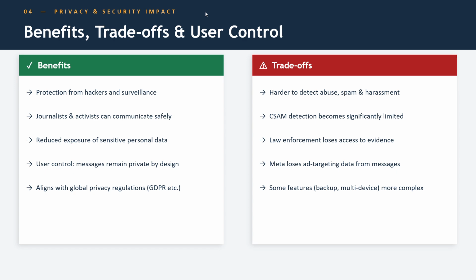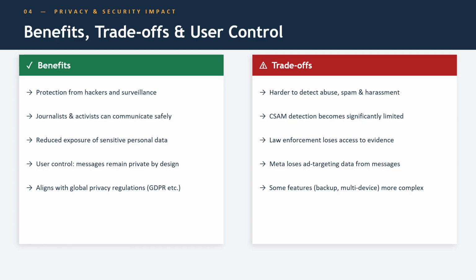But there are real trade-offs too. When a platform does not read messages, it also cannot detect abuse happening on it. Spam and harassment become harder to flag. Law enforcement loses the ability to access message content as part of a criminal investigation, even with a court order.